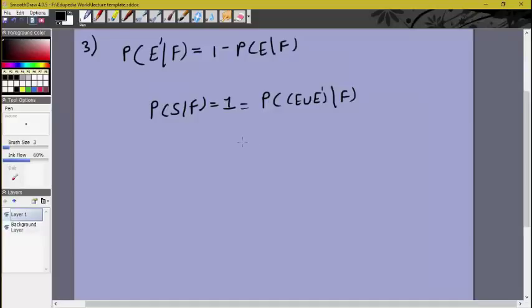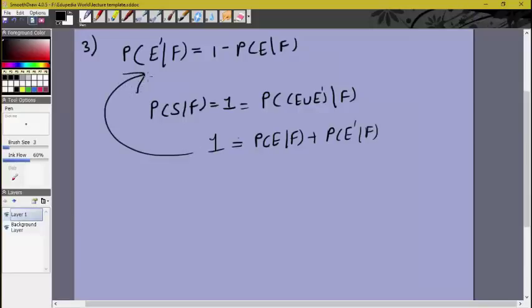And so that can be written as, because E and E complement are obviously disjoint sets, P of E given that F happens plus P of E complement conditional F. This is equal to 1. From this equation I obviously get the first equation, P of E complement conditional F is equal to 1 minus P of E given that F happens.